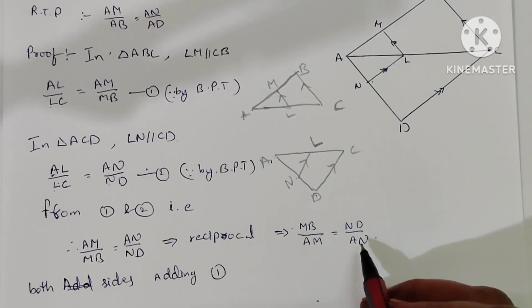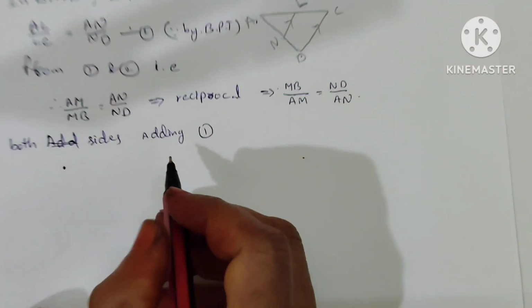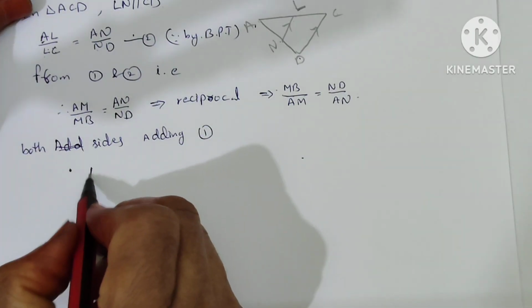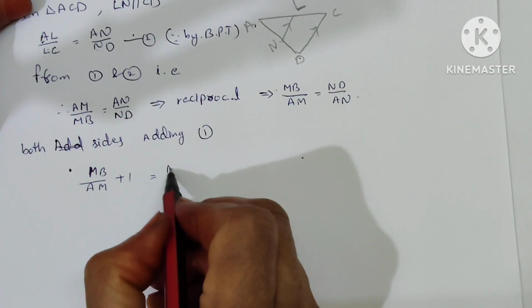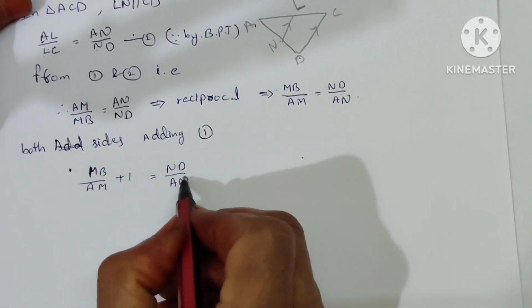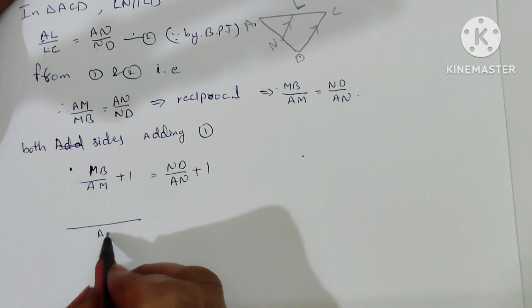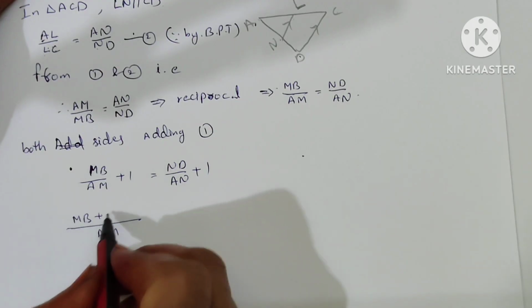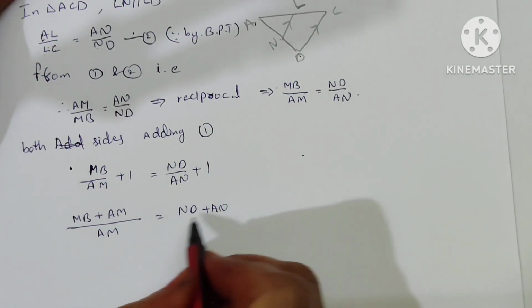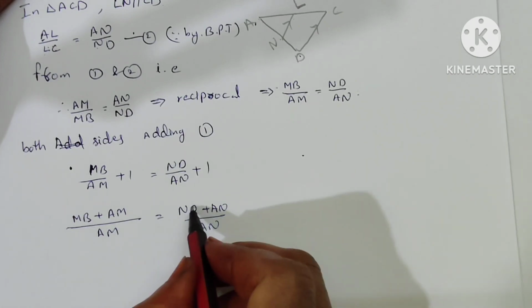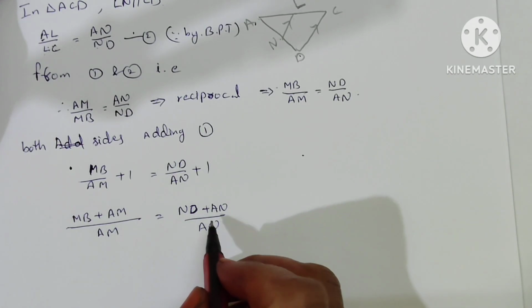Now we add 1 to both sides. MB by AM plus 1 equals ND by AN plus 1. Here we do the LCM: MB plus AM by AM equals ND plus AN by AN.